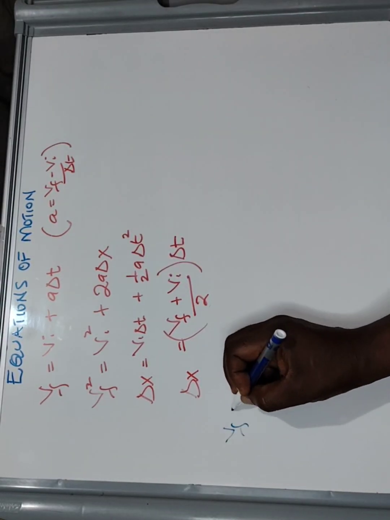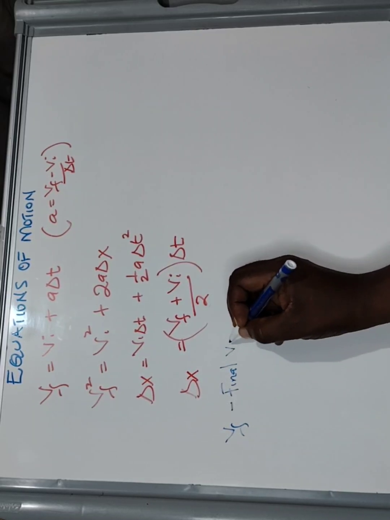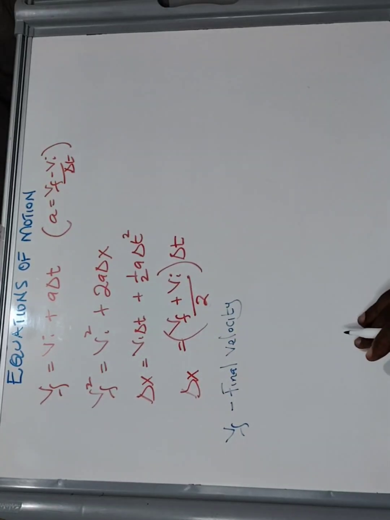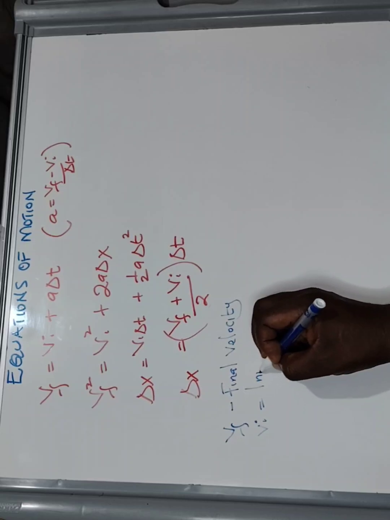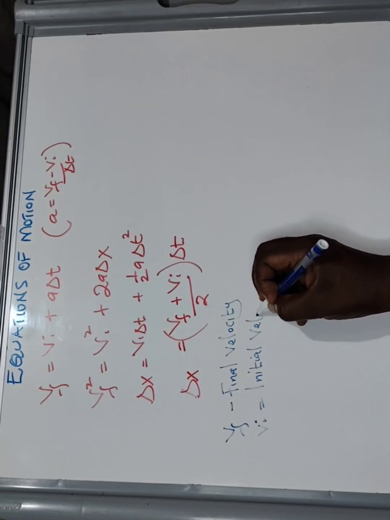Vf is final velocity. Vi is initial velocity.